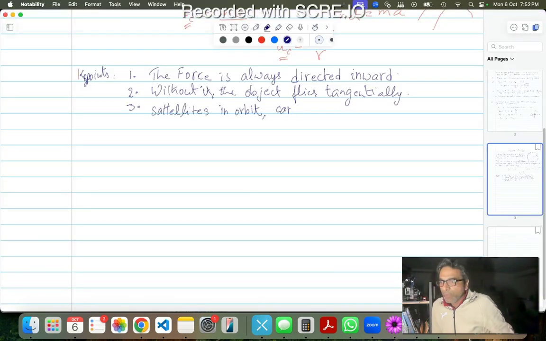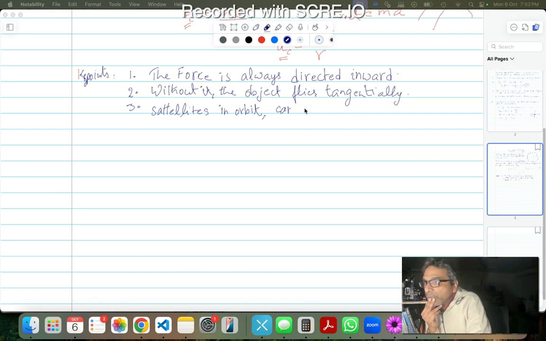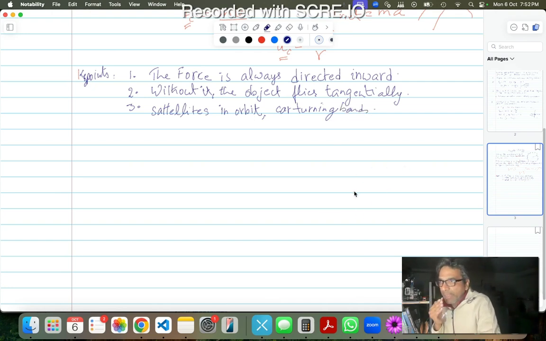Okay, so cars turning bends. There is also a good example on highways, and there are many more, where the speed is considered.